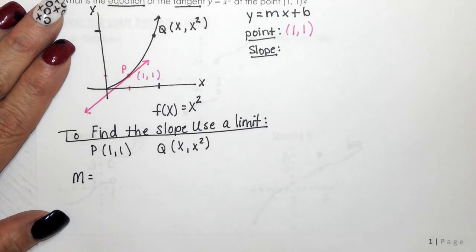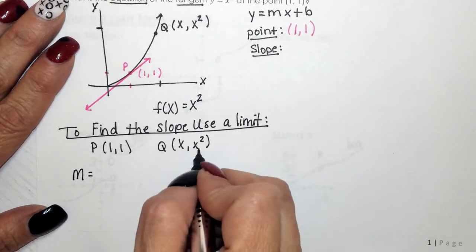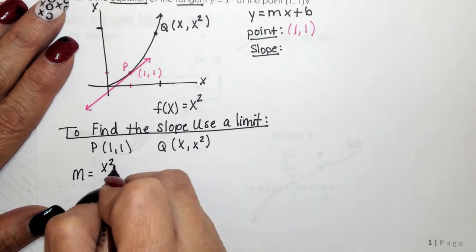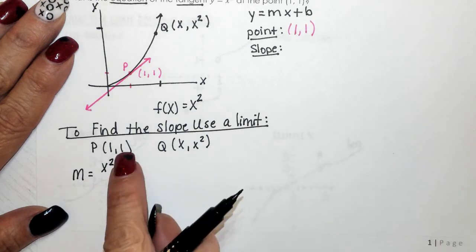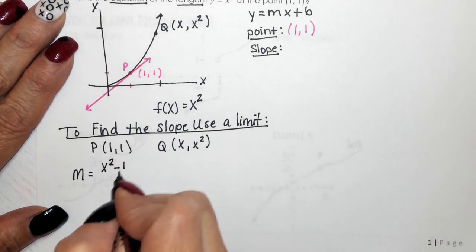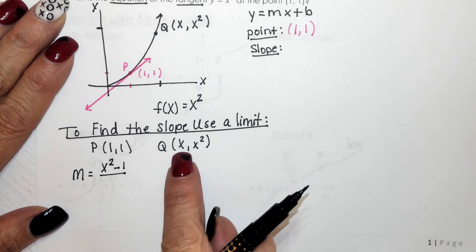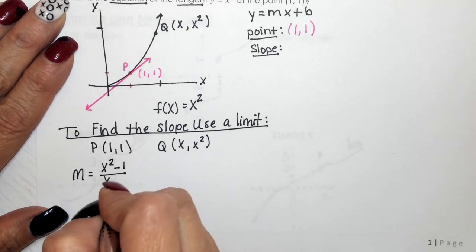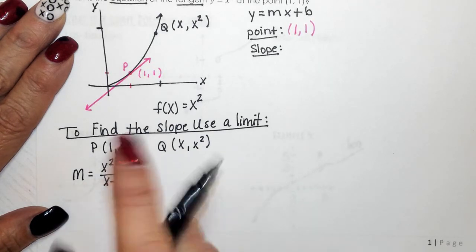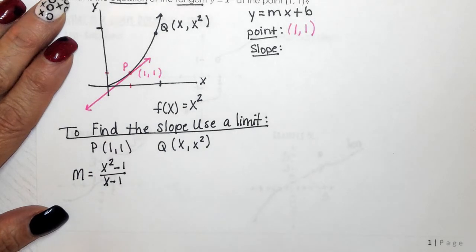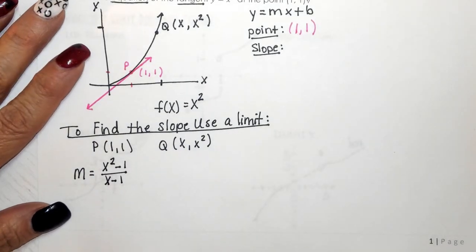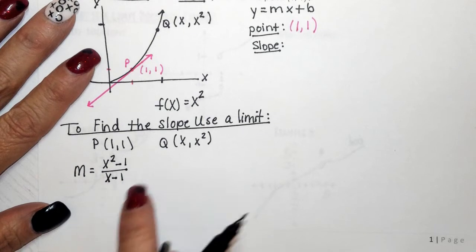The slope equals x squared minus 1 over x minus 1. Okay, you know how to do that. Well, let's see if we can simplify this.